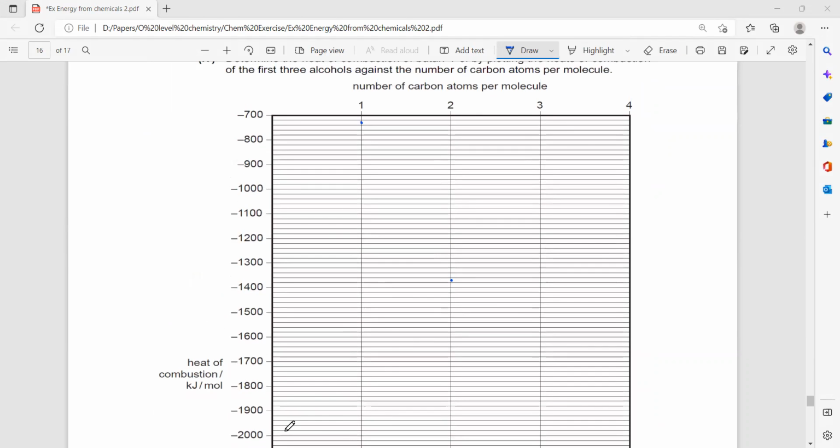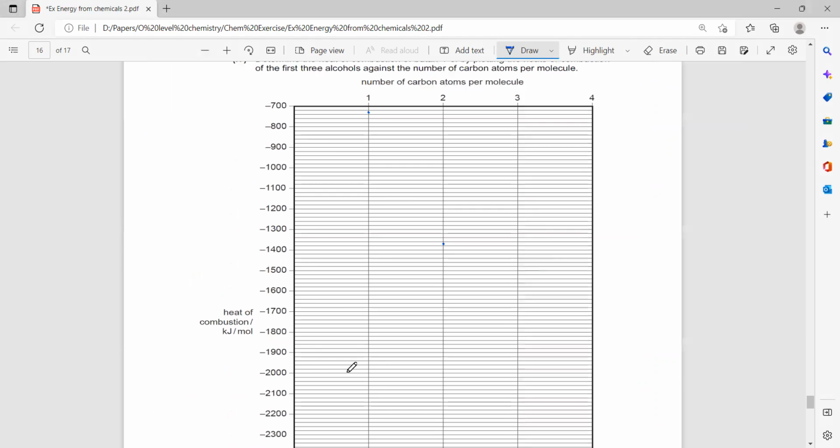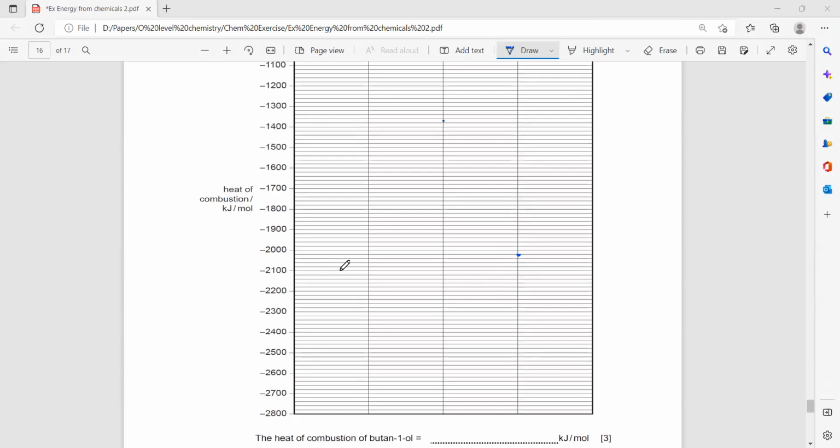Like this one is 2000, and the first line after 2000 will be equal to 2020.